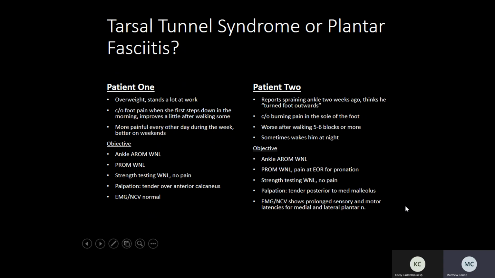Some pain at the end of the range of pronation. Strength testing looks okay, no pain with that. Palpation, a little tender posterior to the medial malleolus. And EMG testing looks not so great. So prolonged sensory and motor latencies, we're going to get into that in the very last section, what that means.